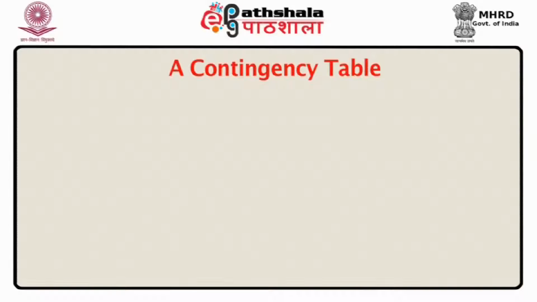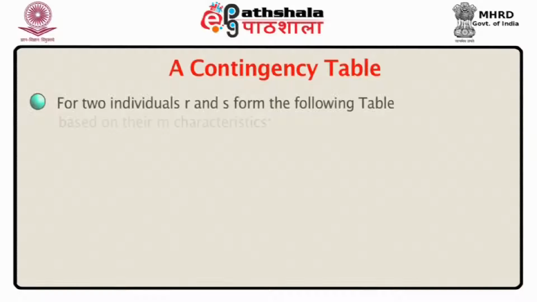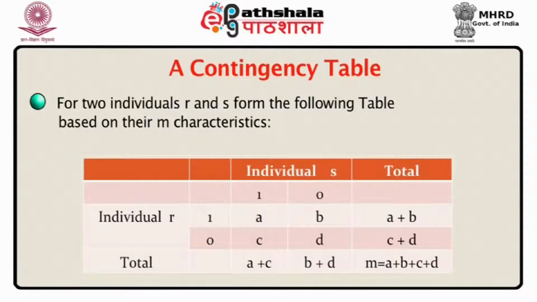Now, whenever we have this binary type of variables, the first thing that we always do is to draw what is referred to as a contingency table. So we form a table where we have individual R on one side and individual S on the other side, and we have these two categories, 1 and 0, on one side and 1 and 0 on the other side.